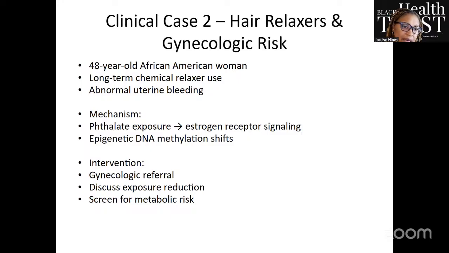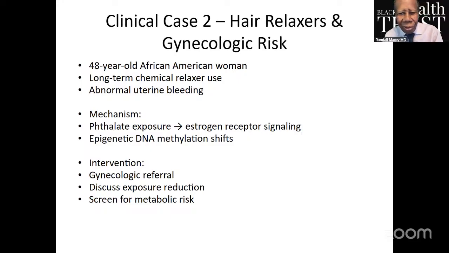The mechanism could be phthalate exposures from the chronic relaxers, which lead to estrogen receptor signaling, which leads to epigenetic DNA methylation shifts, and potentially uterine cancers. So the intervention: we're going to get a gynecological referral, discuss exposure reduction, and screen for metabolic risk. Okay, let's go to the next slide.